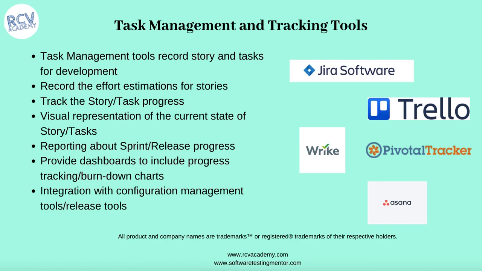So you can have epic burn down or story burn down or the iteration burn down charts. Then integration with configuration management tool and release tool is also possible with these tools. So these are some of the task management tool functionality and some of the software tools that are available for the task management in Agile software development.